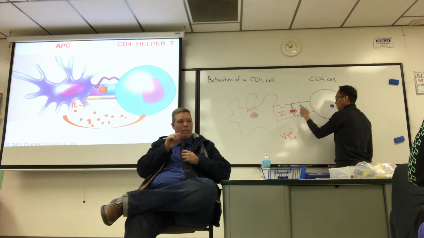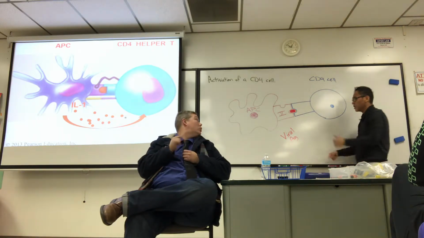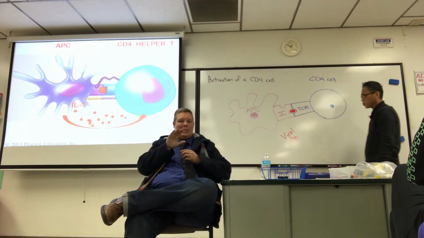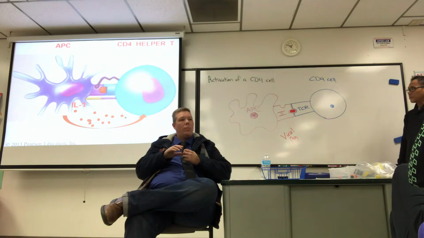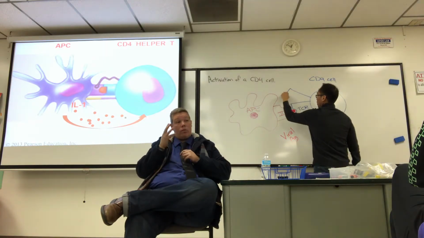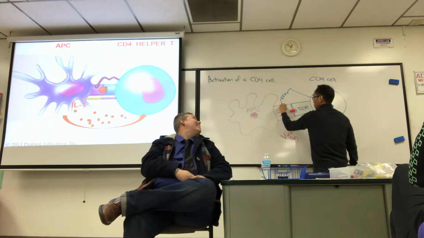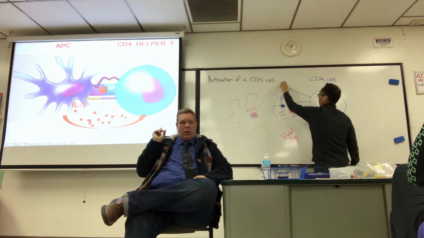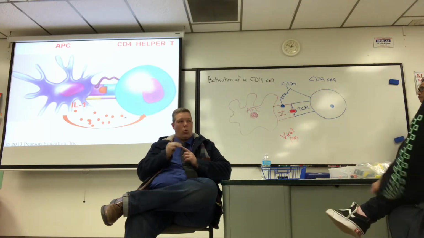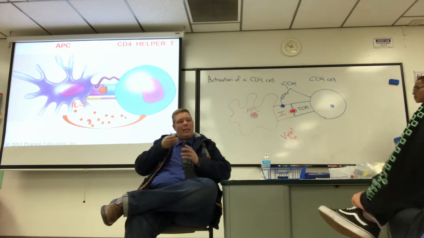So number 1, it interacts with MHC class 2, and it's specific for this viral AG. So I'm going to call this receptor TCR, T cell receptor. I don't think that's hard to remember. Now what stabilizes this is the CD4 surface molecule in that groove of MHC class 2, just like they have there. So this is CD4, the actual CD4 molecule that they named the cell after. And this triggers an intracellular signal, call it signal 1.